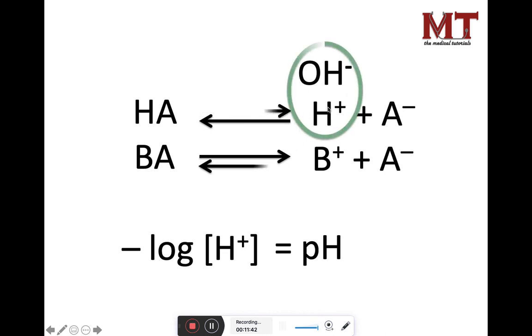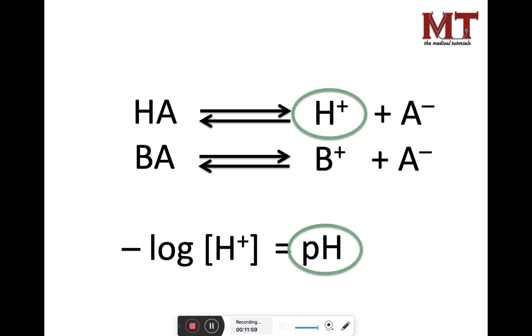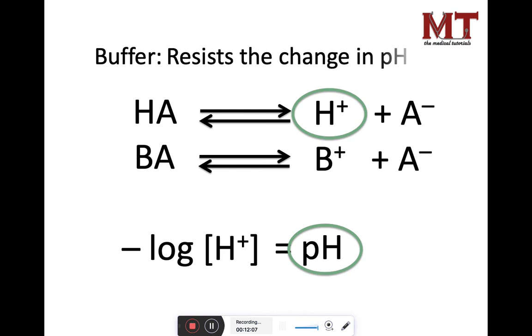Whatever H+ has been taken up by the alkali will come by more dissociation of the weak acid. So again, the original H+ concentration or the original pH of this solution remains constant. So this is called a buffer. A buffer is a solution of a weak acid and its salt. It resists the change in pH.